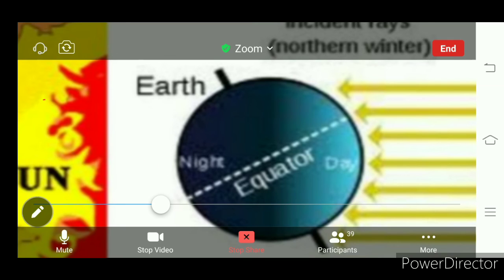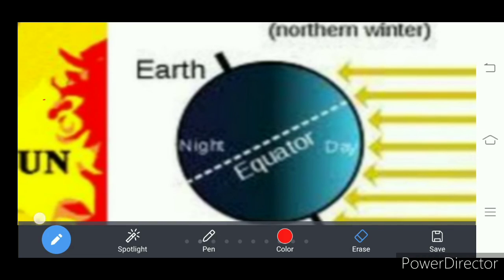Look at here. Our earth is rotating and revolving around the sun. So as it rotates and revolves, it bends slightly. That means 23 and a half degrees it bends. How much? 23 and a half degrees.